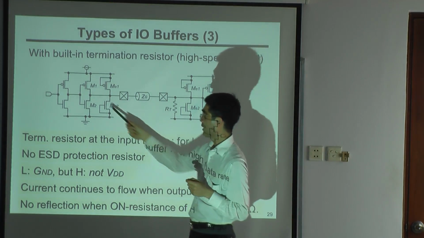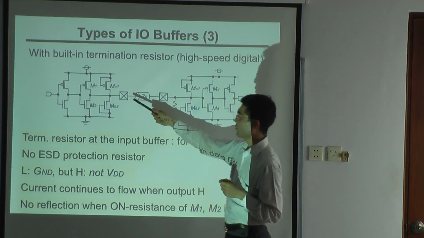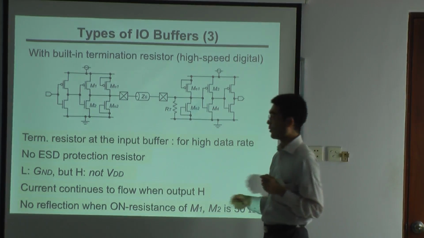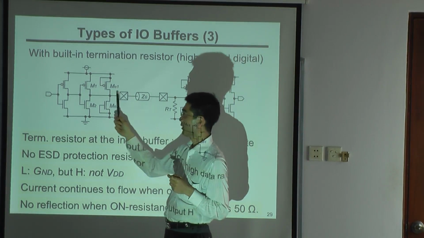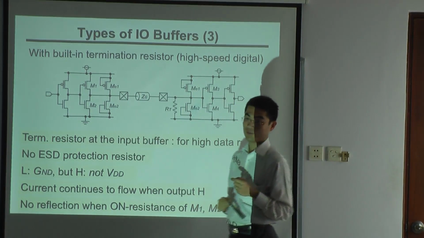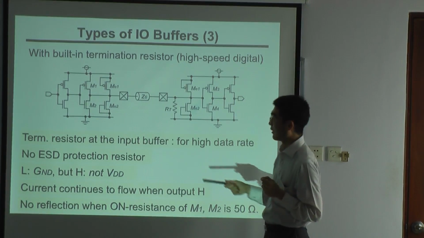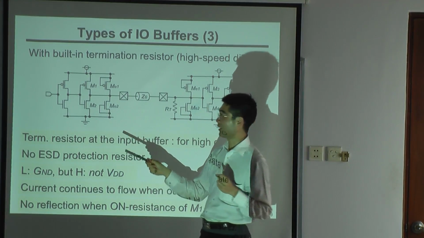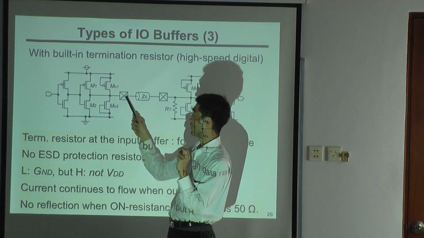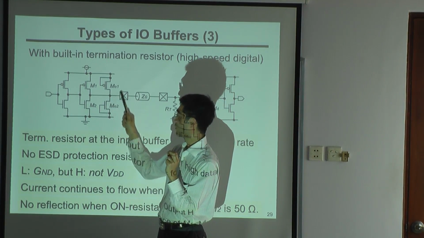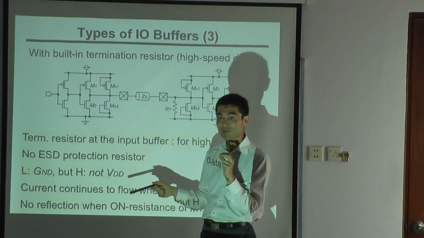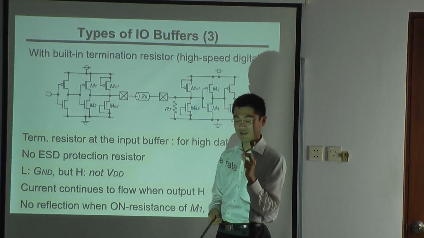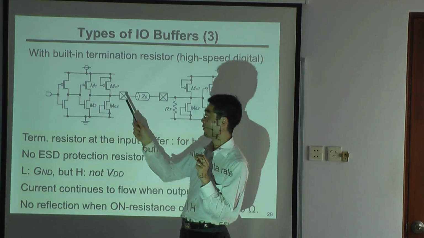And for the sender side, we want to put ESD. But for high speed communication, we don't want to put ESD. And for the sender side, this is the output buffer. Again, the output buffer is connected by a PN junction to the pad. So this is strong, and sometimes we don't need an ESD protection circuit for the output buffer.